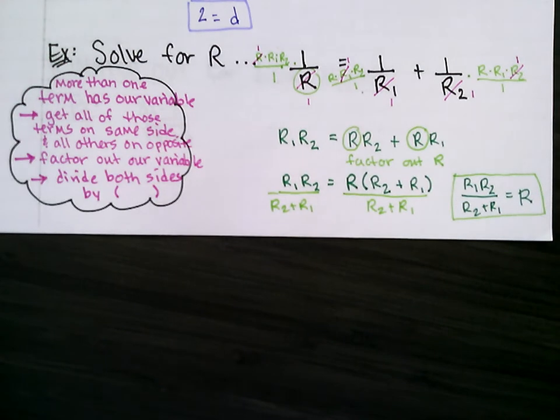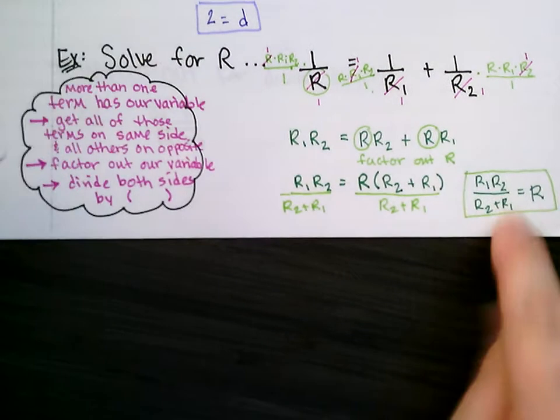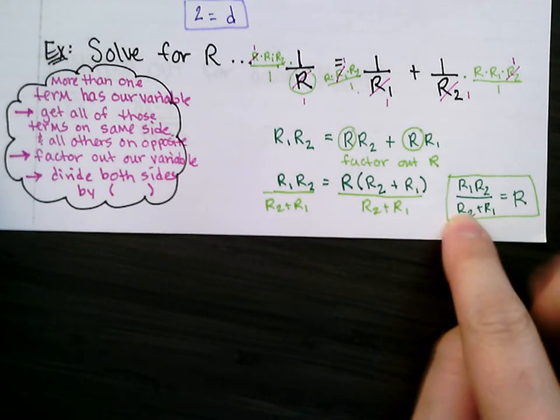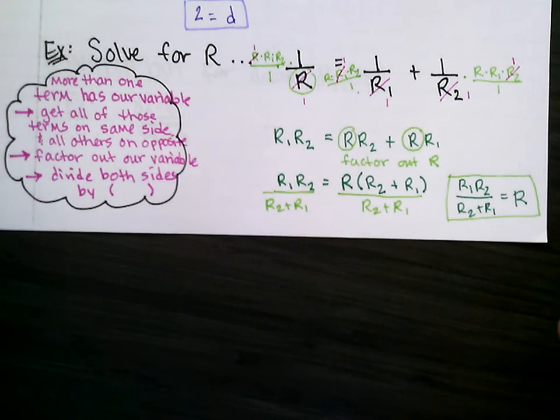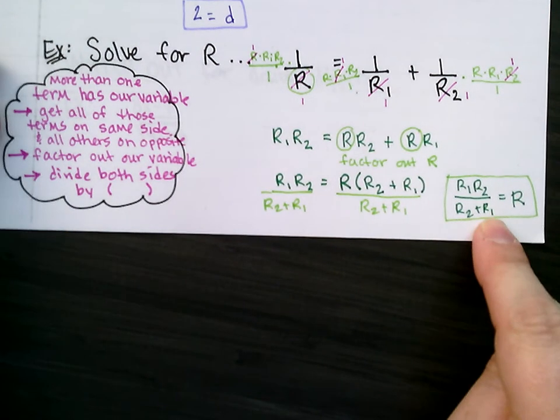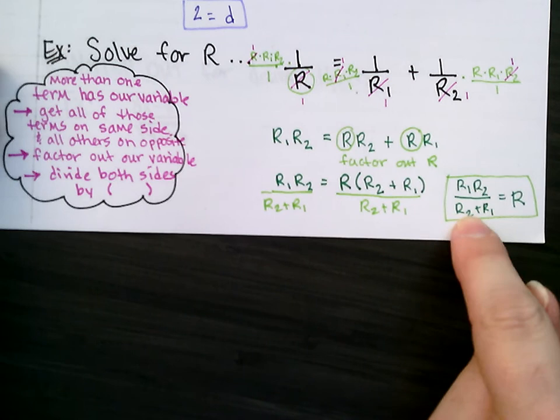Now I want to talk to you for a moment about what, if anything, could be simplified. I mean, I just boxed it, so you're probably assuming that nothing else can be simplified, and you would be right. When I see R2 plus R1 like that, I have to think of that like they are super glued together. Like if those were numbers, if R2 was actually a 2 and R1 was actually a 1, that would be a 3.